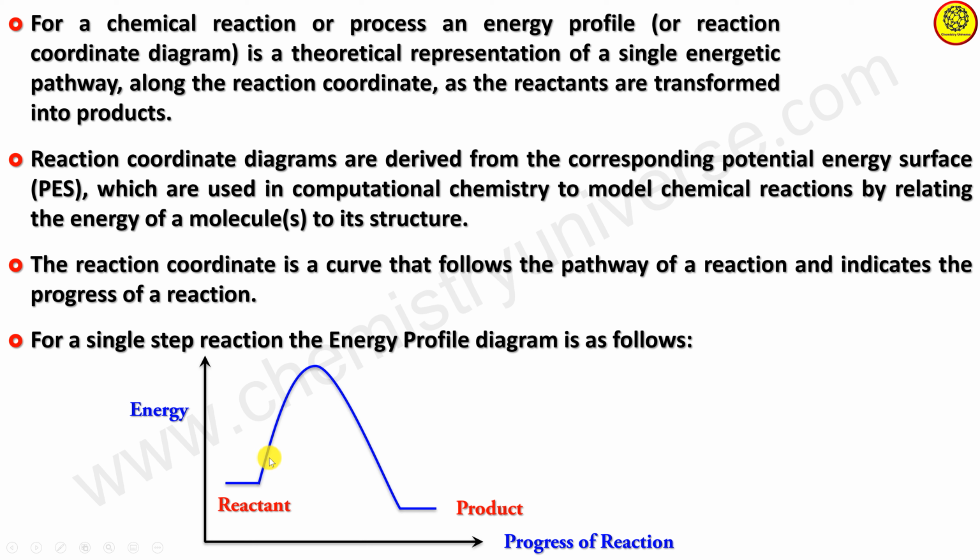Every reaction follows a pathway similar to this. Perhaps not as smooth, because we can never experimentally verify. We can only model it and try to match some of our theoretical predictions with the experimental results to give a better idea. So this is how a single step may look like.